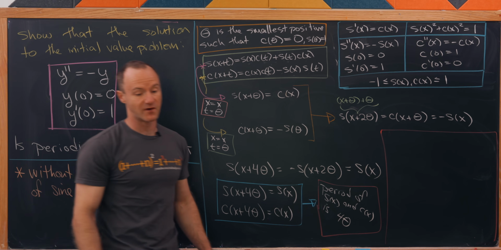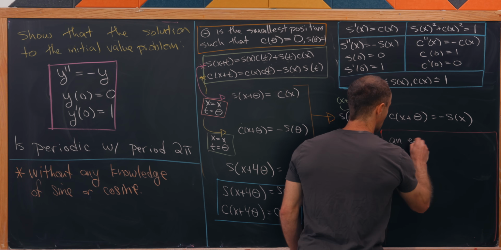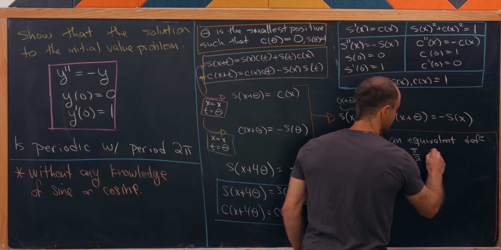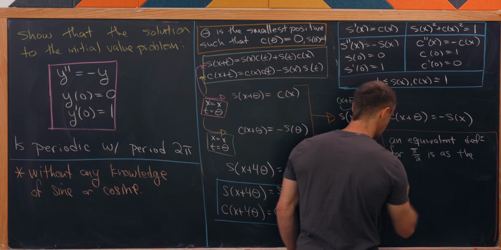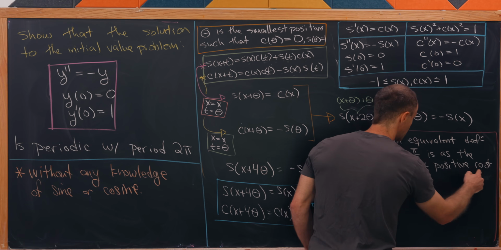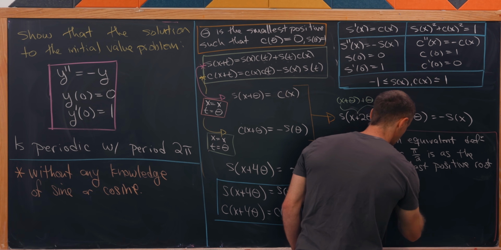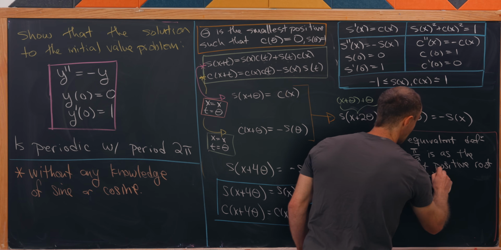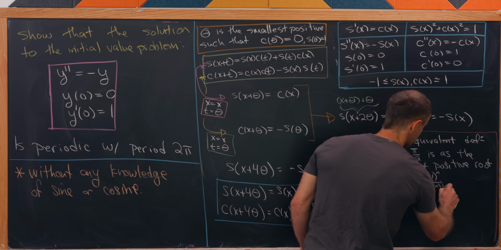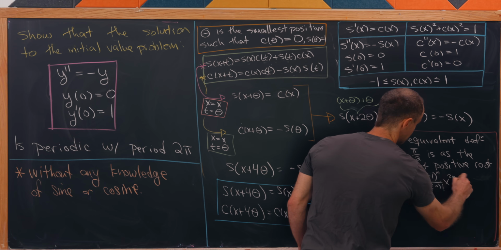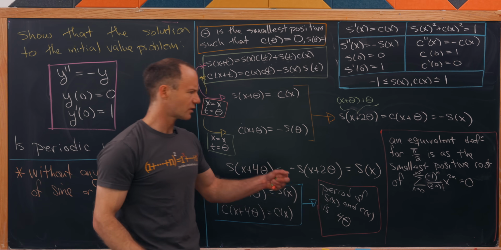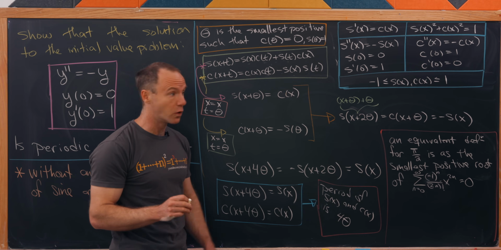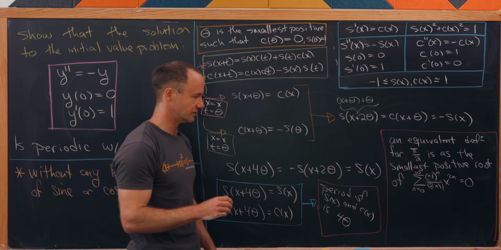I'll point out that an equivalent definition for the number pi over 2 is as the smallest positive root of the power series, the sum from n equals 0 to infinity of minus 1 to the n over 2n factorial times x to the 2n, equals 0. In other words, the smallest positive root of c of x. So like I said, that's an equivalent definition of pi over 2.